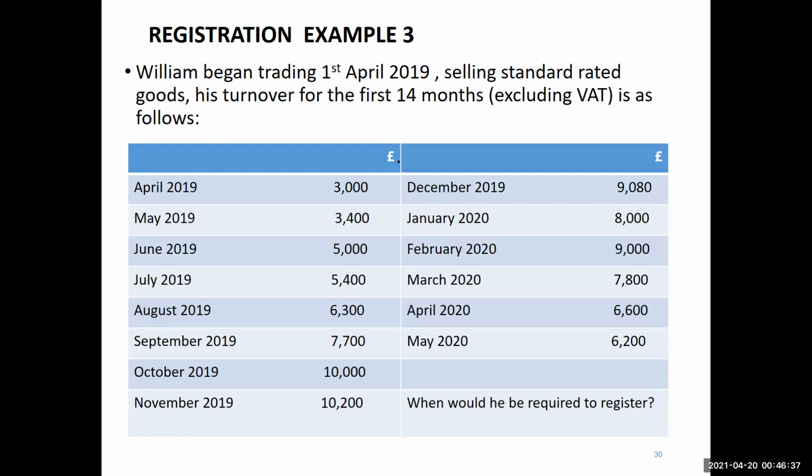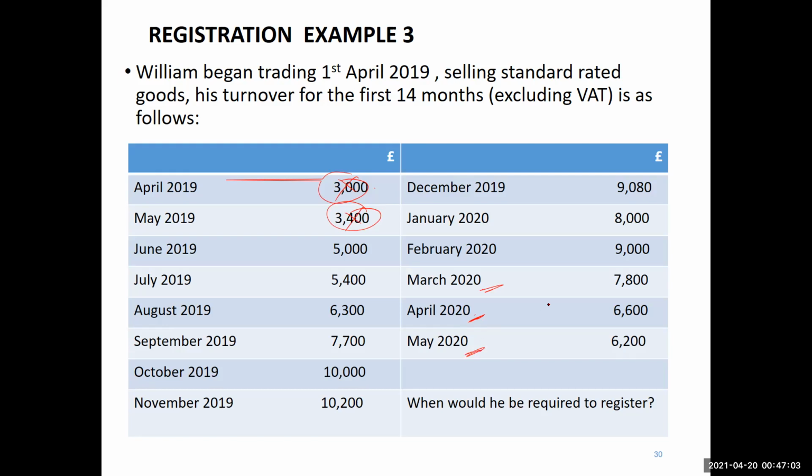So you can start making a simple calculation from year to year, from April to March. Check and see, does it add up to 85,000 or more? If it doesn't, ignore this. And then 12 months up to April again. Does it add up? If it doesn't, ignore this. And then 12 months up to May.